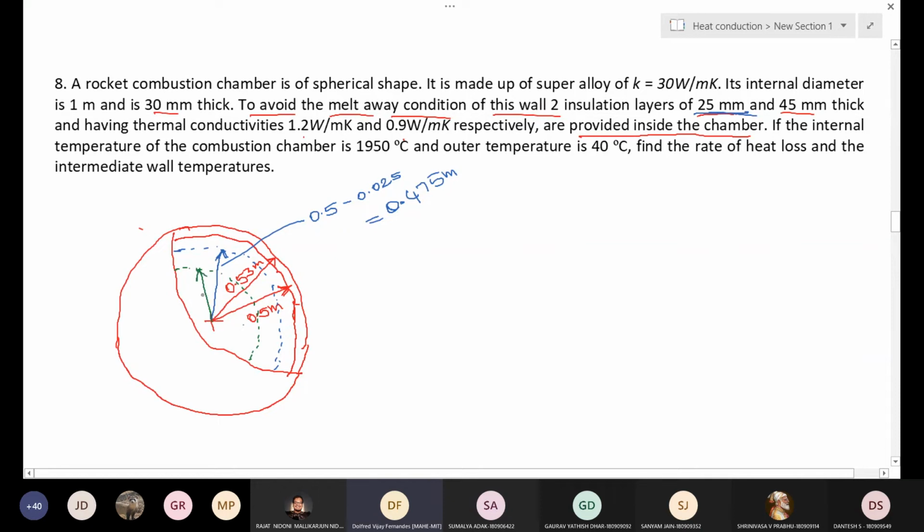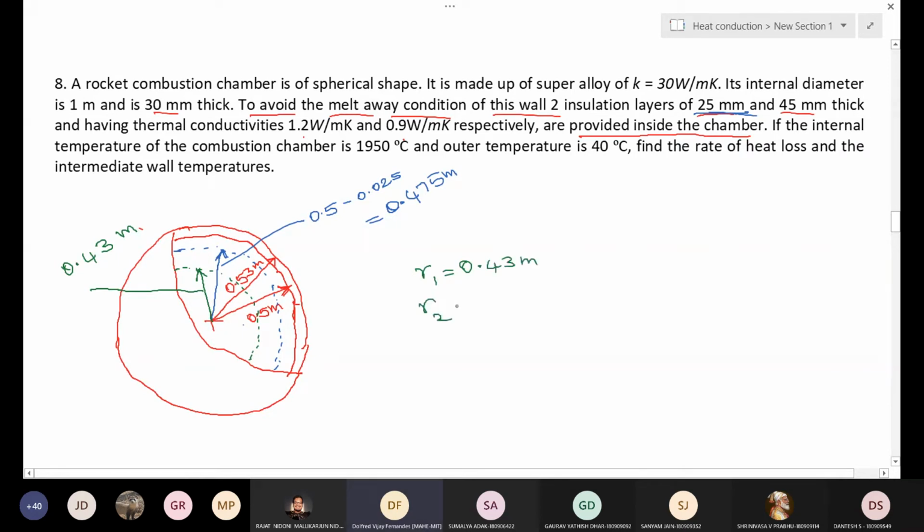This radius is 45 millimeter less than 0.475, so it is 0.43 meter. So we now have 4 radii. I didn't name them R1, R2 till now because it would have confused. The lowest radius, I'll write R1, is 0.43 meter.